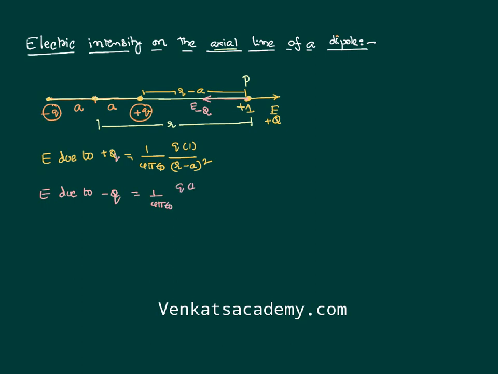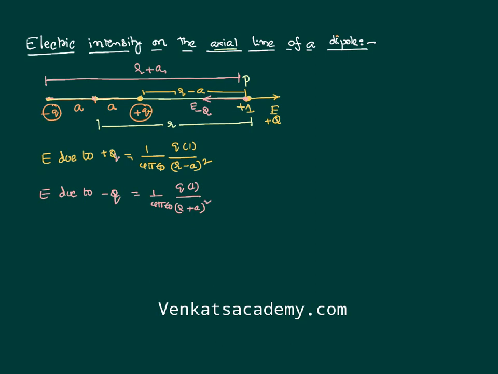The sign I will take later because I am already assuming the directions. Now I have to write this distance. From here to here is R, and here is an extra distance A, so this distance is R plus A, that is (R plus A) whole square.